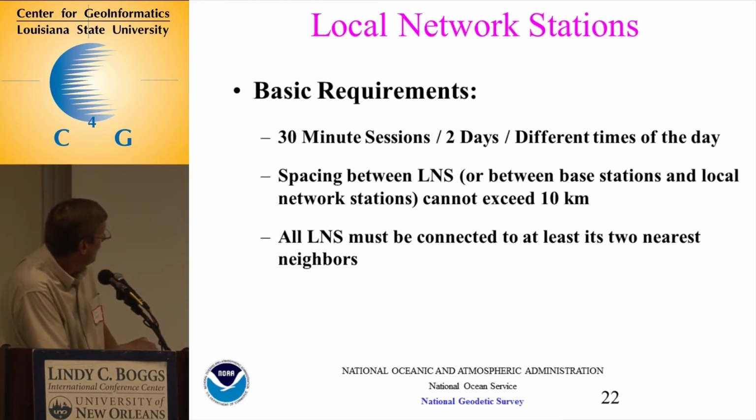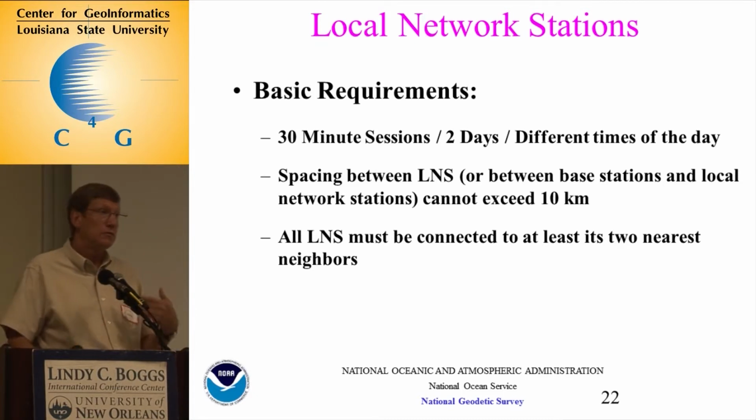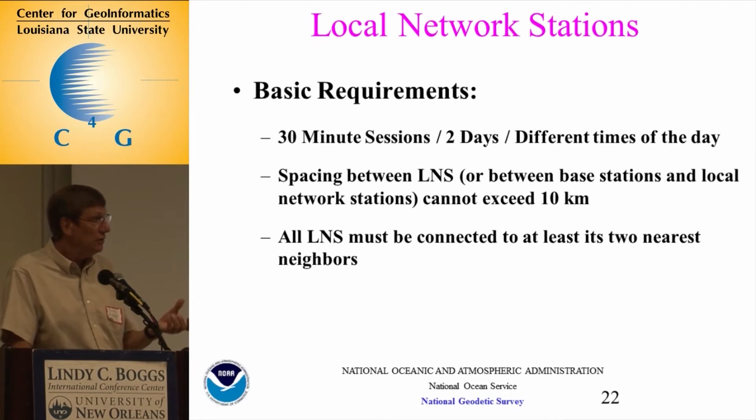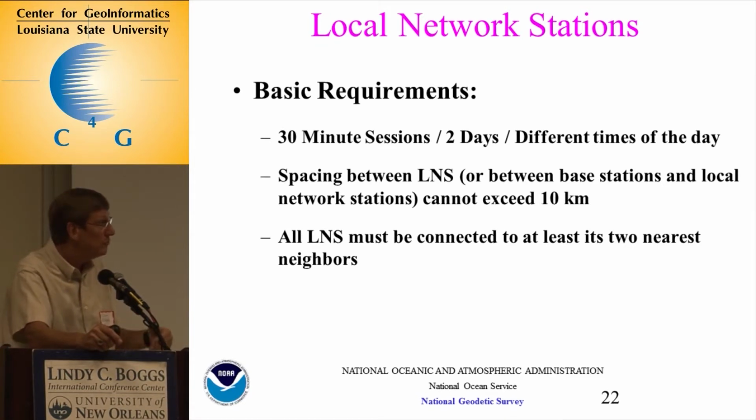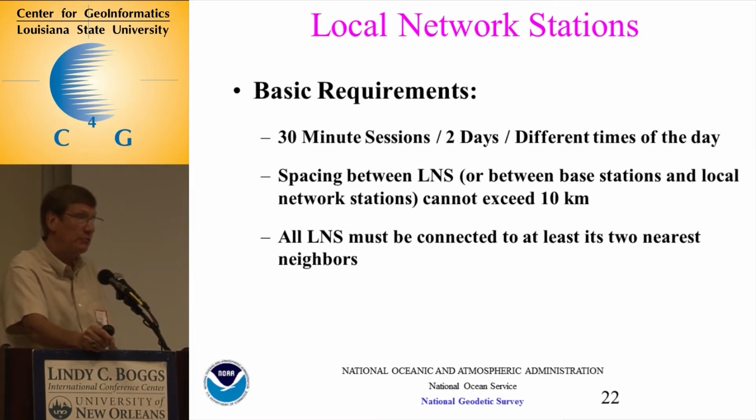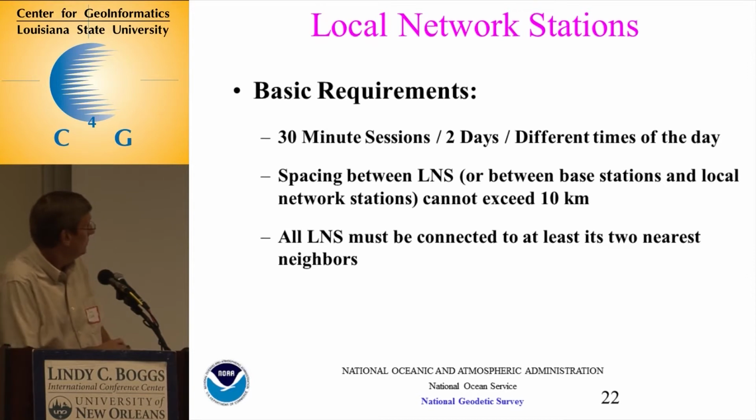So the spacing had to be less than 10 kilometers, once again, because this is where the local stations come in. When you start getting down and you're really putting these stations in, someone's going to try to probably level between them. They're going to try to do some project and put a road in between these two. So you've got to make sure that you know that connection better than a couple centimeters. And remember, you're only taking 30 minutes of data.